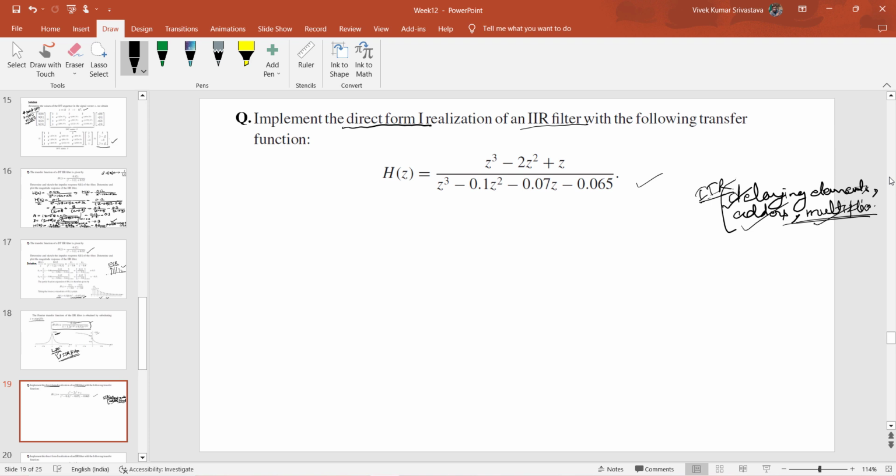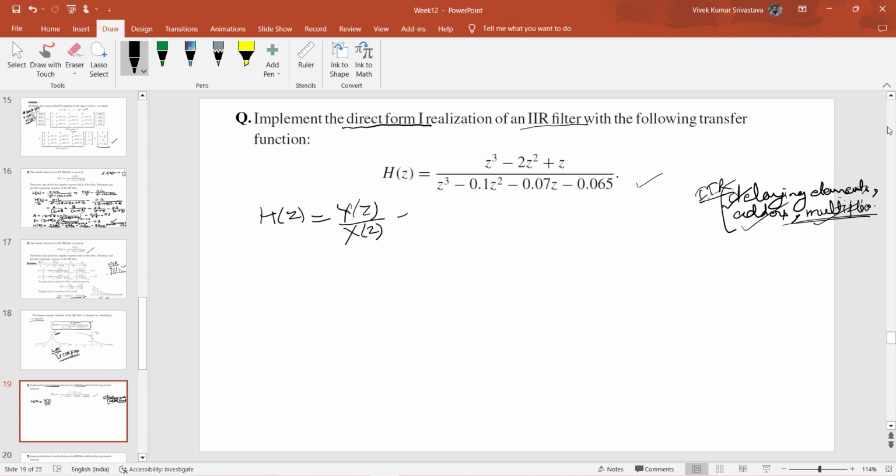So first we have to form the difference equation, and from that determine these elements, and then by using these elements we will realize this IIR filter. Let us now first find out the difference equation. As we know, h of z is basically written as y of z over x of z.